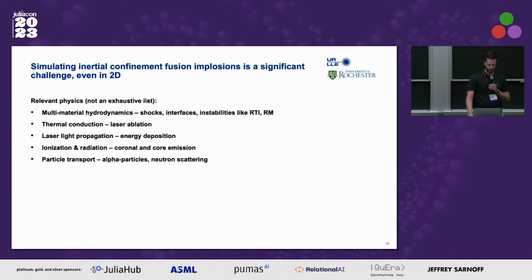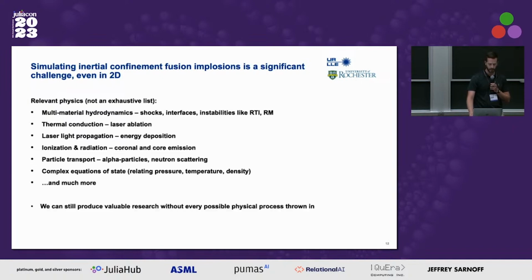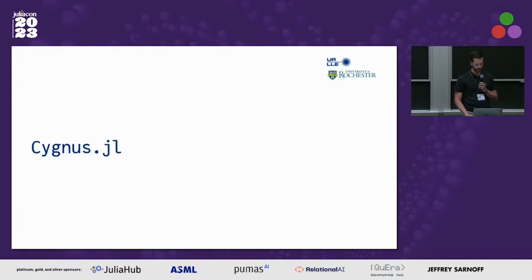Particle transport, we have alpha particles and neutron scattering. Complex equations of state, this is relating pressure, temperature, and density, and much more. But the nice thing is we can still produce valuable research without adding every possible physics process thrown in. So we can just use a small subset, and this is where Cygnus comes in.